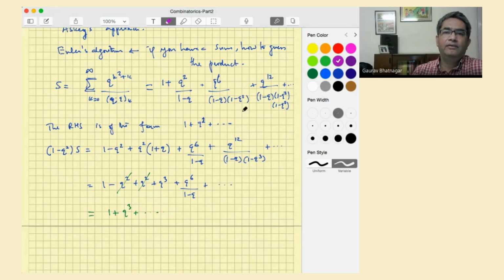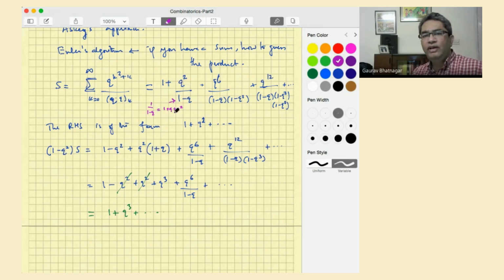If I take from here this part, 1 over 1 minus q and write it as 1 plus q square and then multiply it, I'll just get 1 plus q square plus q cubed and so on. Right. And similarly here, I can do 1 over 1 minus q, and whatever I get, I'll get q raised to 6 as the minimum.